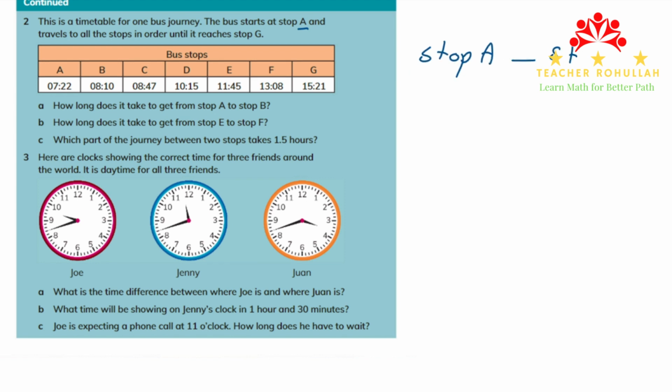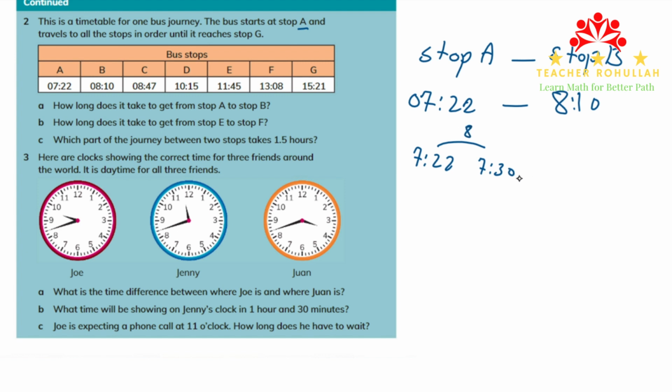What time does the bus move from stop A? It moves at 7:22 and reaches stop B at 8:10. To easily find out how long it is, we can simply go step by step. From 7:22 to 7:30 it's only 8 minutes.